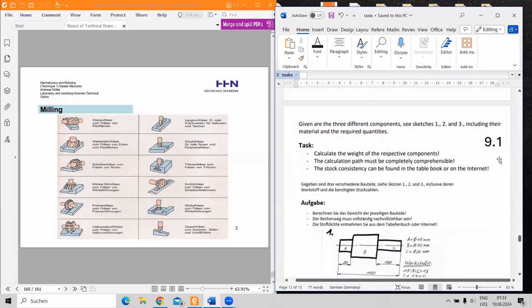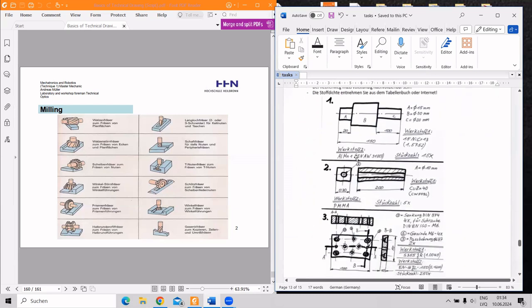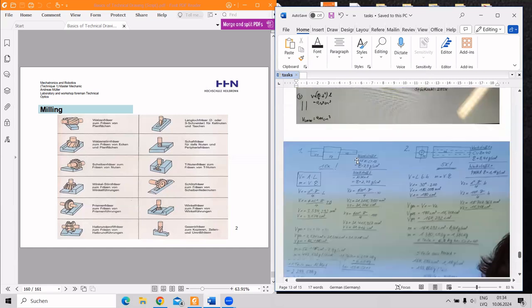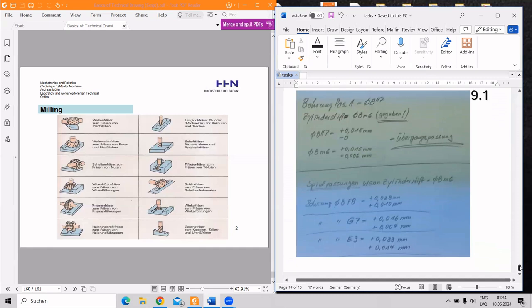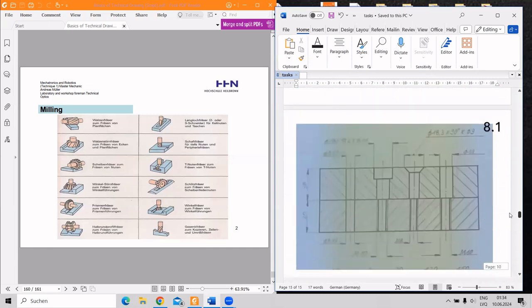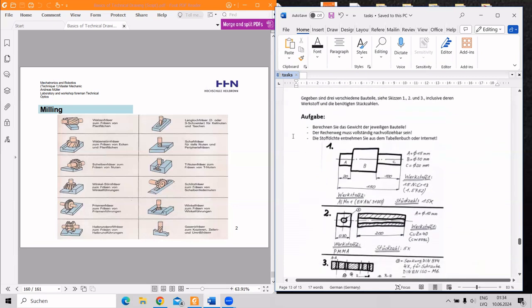And just the last task about the topic of calculating the mass of different parts. So here I have provided the text solutions. So the main idea is basically to calculate first the volume correctly, of each of these parts.